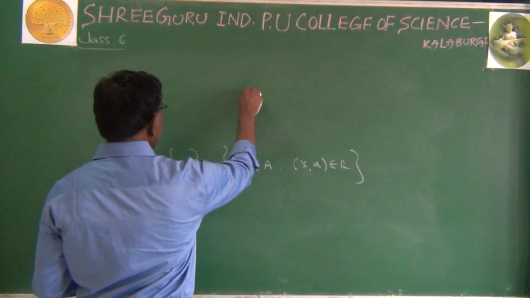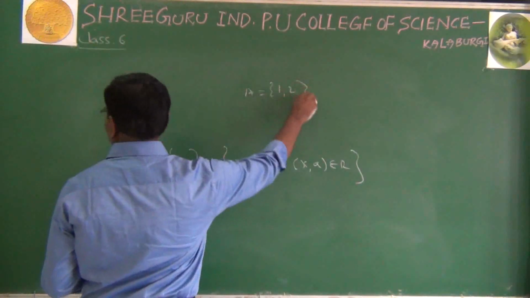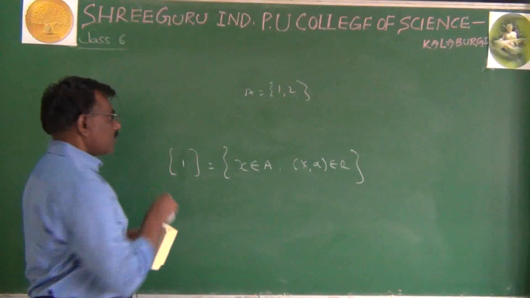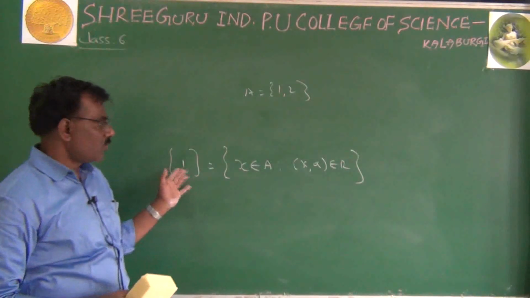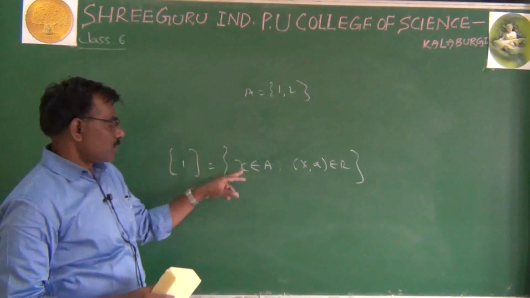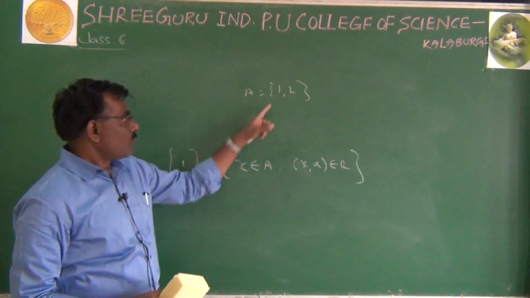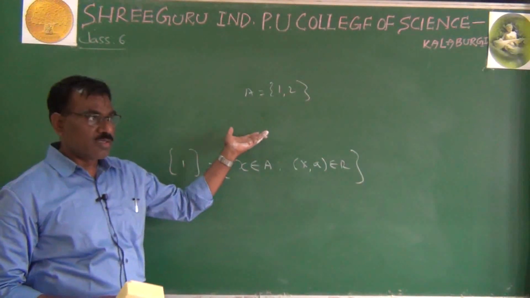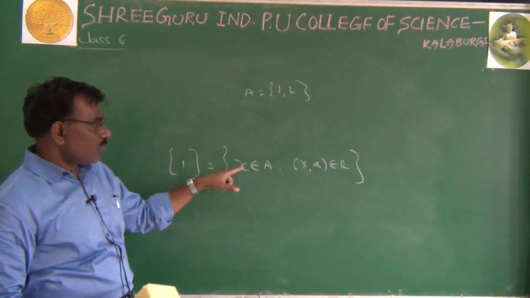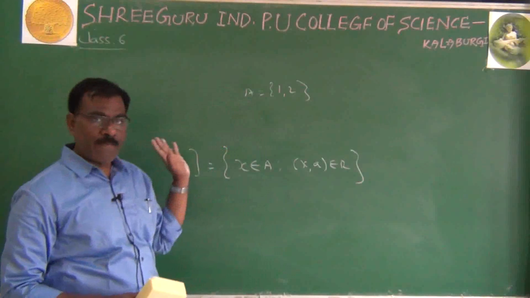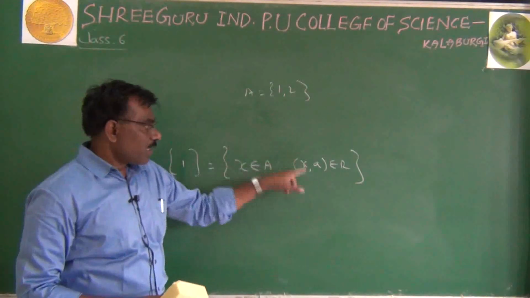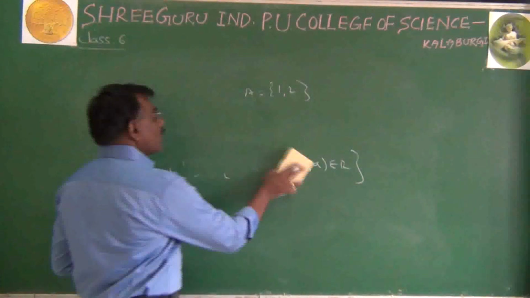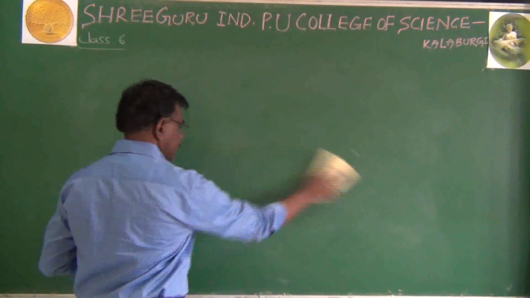So the equivalence class of 1 is asked. You have to write the equivalence relation, but these are elements in the set. But this (x, a) must belong to R. That is called equivalence class.